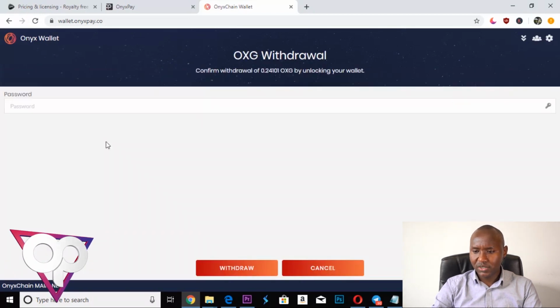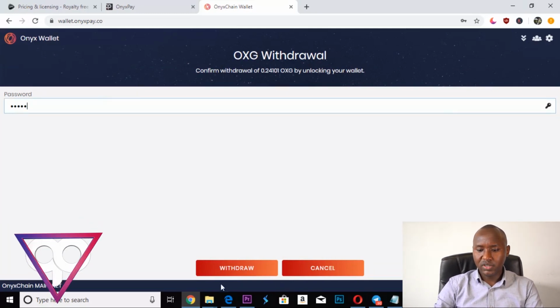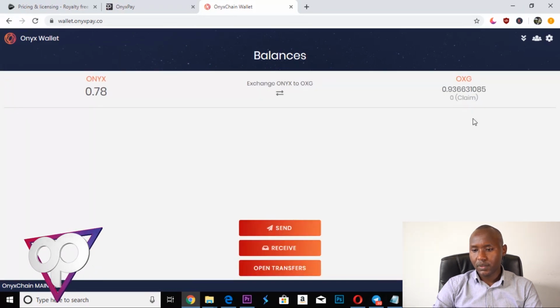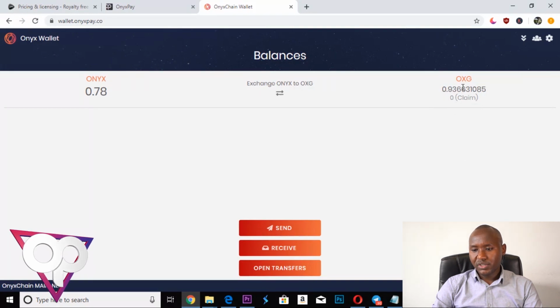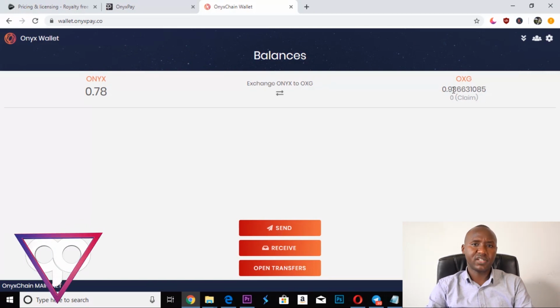So you can actually unbound them. If you do that, now you can see whatever was unbound is here. That is now available here for transactions.